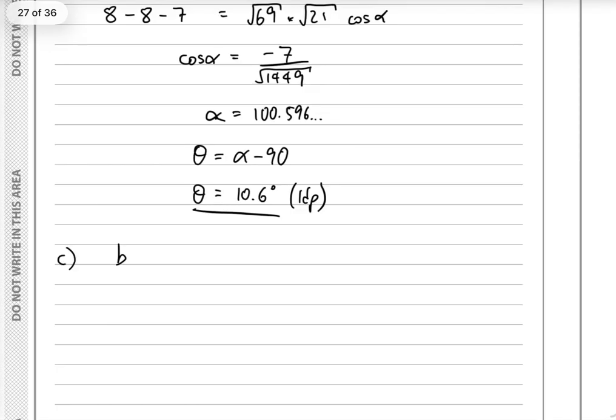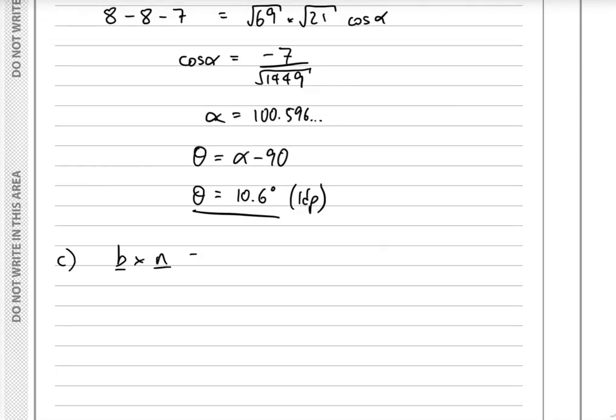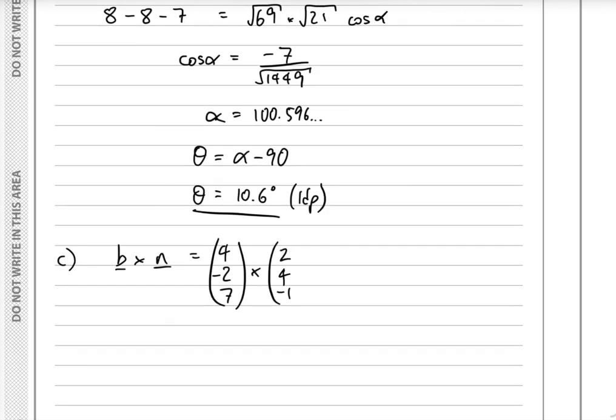So we're going to do b cross n, which is (4, -2, 7) cross (2, 4, -1), to get (2 minus 28, 14 minus minus 4, 16 minus minus 4). Get (-26, 18, 20).